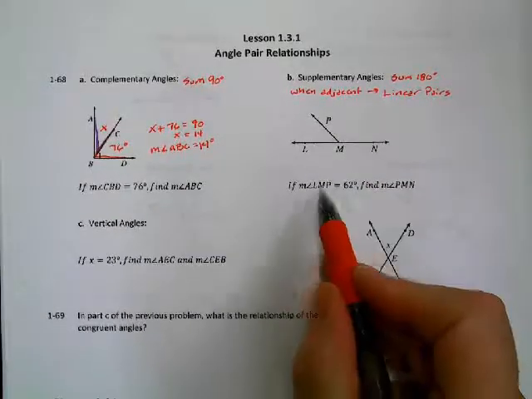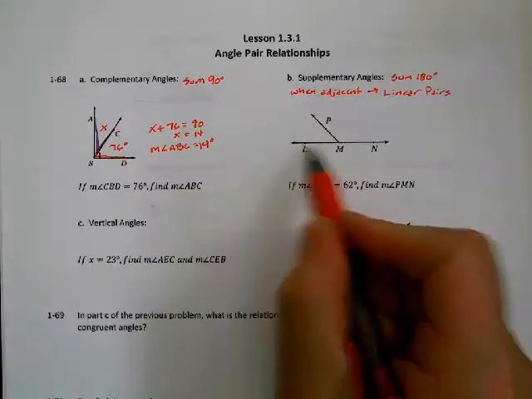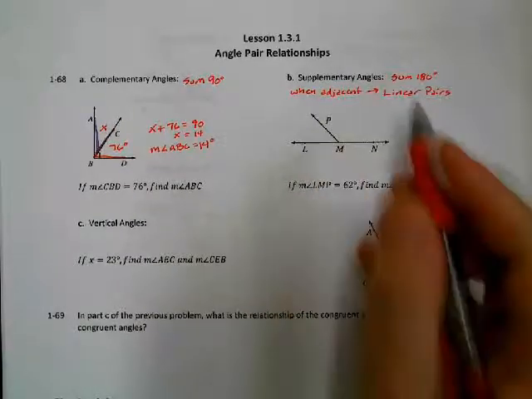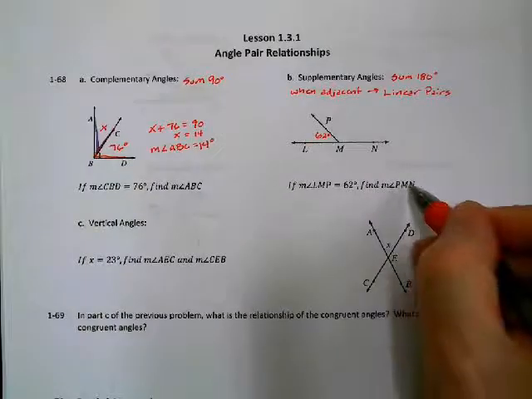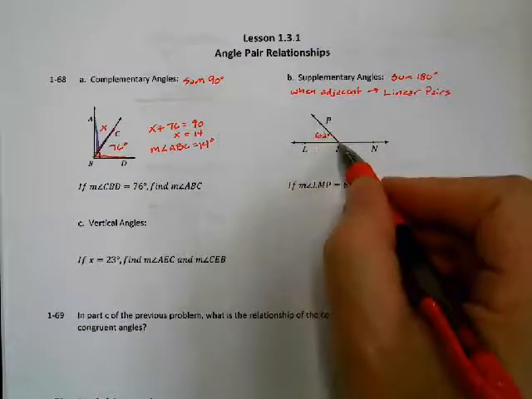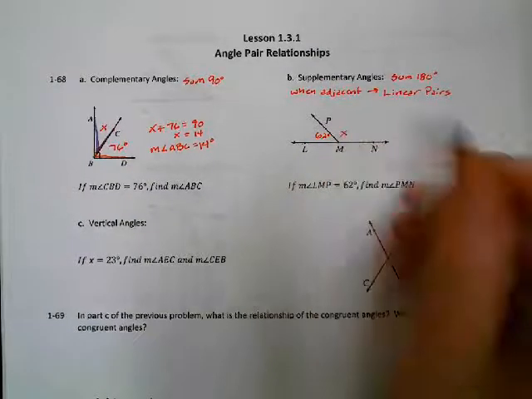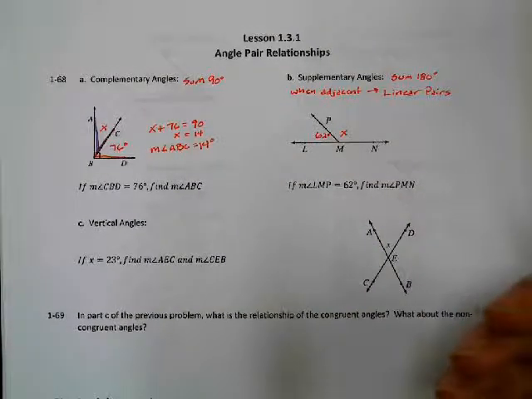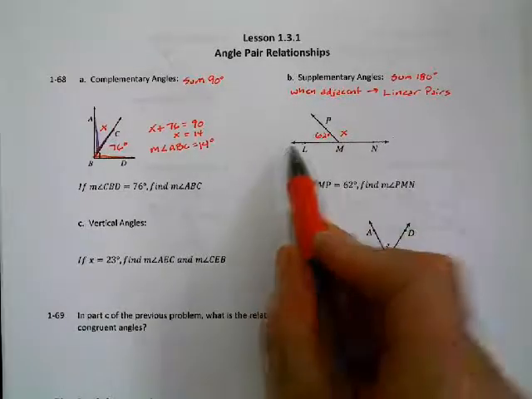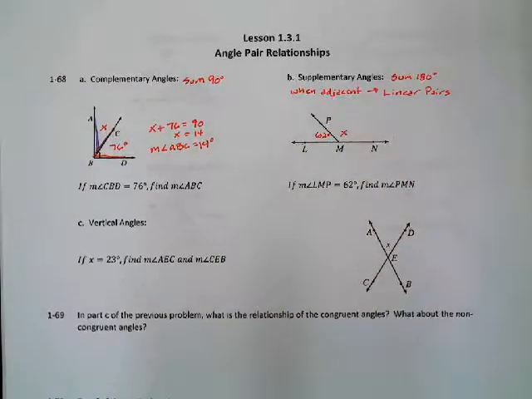It says the angle LMP. We're talking about this angle here. If that angle is 62 degrees, find PMN. We're looking for this angle here. Same thing, except now they're adding up to 180 degrees because a straight line has 180 degrees in it.